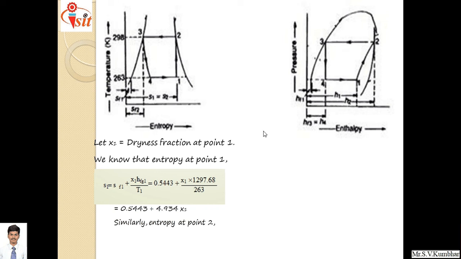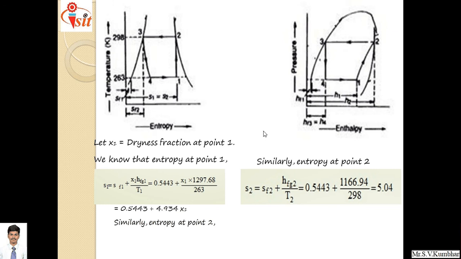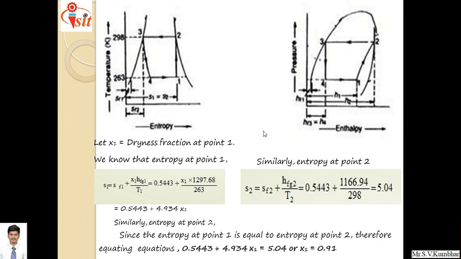After solving, we get 0.5443 plus 4.934 x1. Similarly, at point 2, S2 is equal to SF2 plus HFG2 divided by T2. Here, x2 will be equal to 1. That is 1.1242 plus 1166.94 divided by 298. S2 is 5.04.